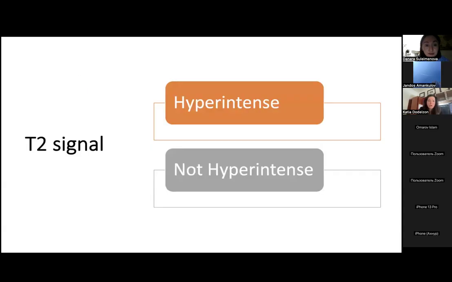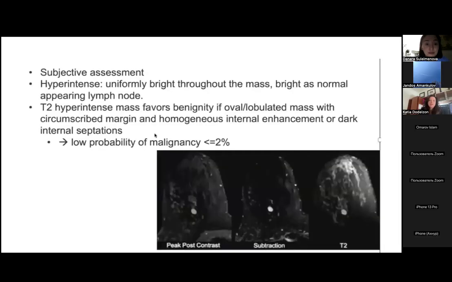Okay, and then a new addition that is now required as part of the descriptor of the mass: whether it's T2 hyperintense or not hyperintense. Previously we just did it off and on. That assessment is subjective. If something is T2 hyperintense, it needs to be T2 hyperintense uniformly throughout the mass, as bright as a normal appearing lymph node.